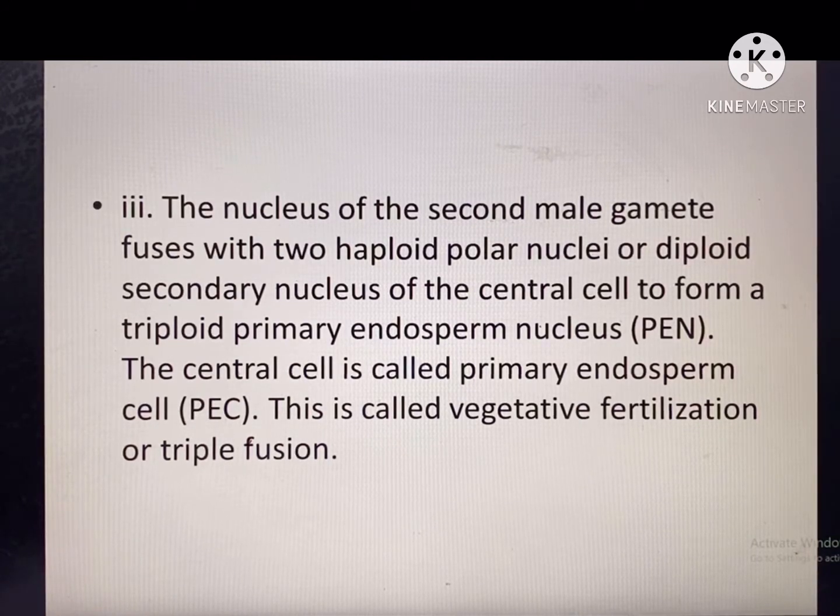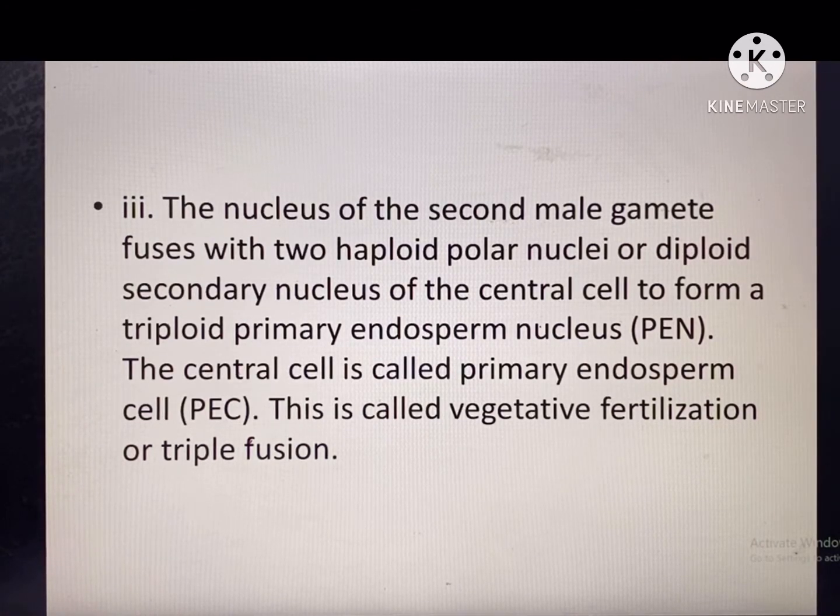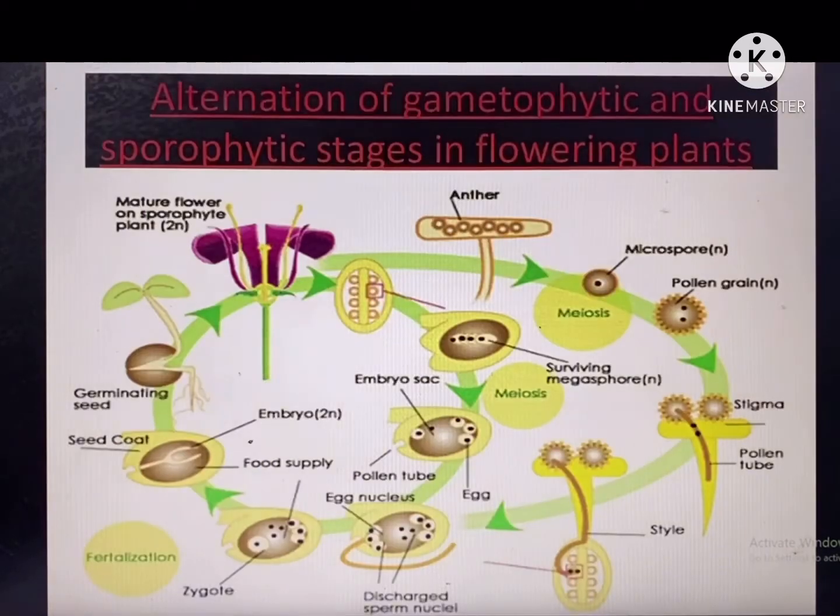The central cell is called the primary endosperm cell, or PEC. That is called vegetative fertilization or triple fusion.